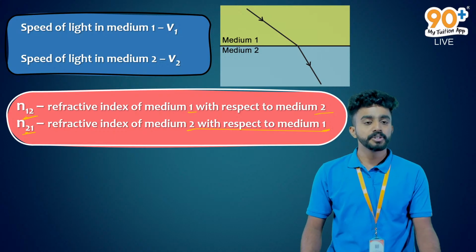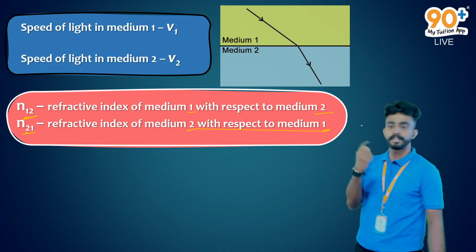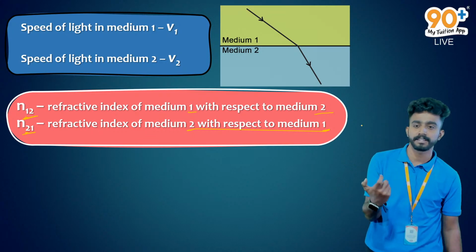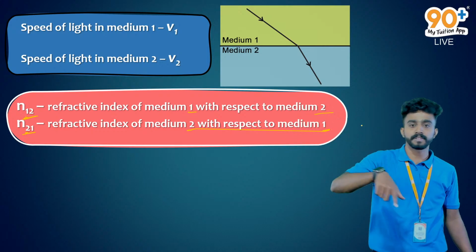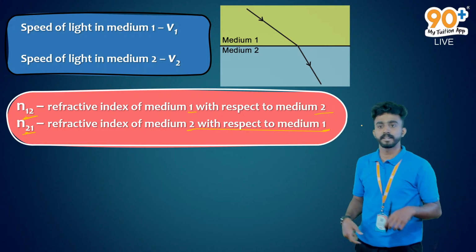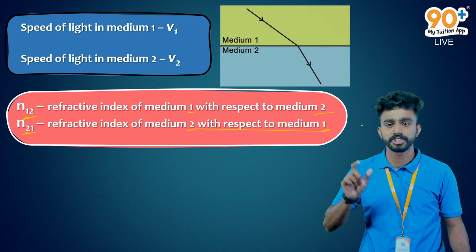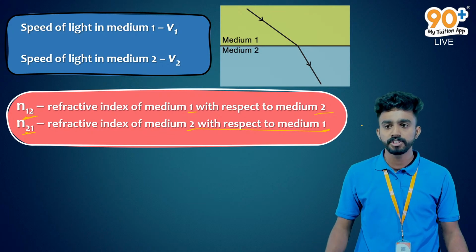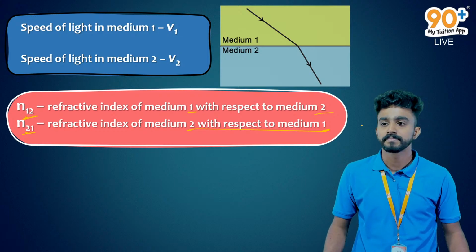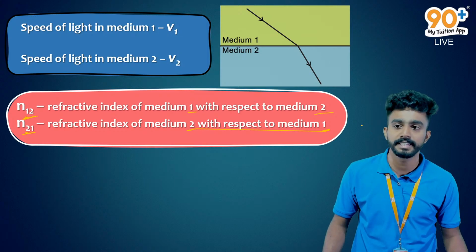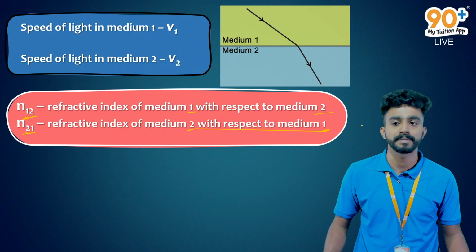You might have noted these denotations in mathematics as well, right? When you draw matrices, N12, N21. Have you guys done it in maths? Such denotations? Not yet. Yes, Jaswin is like, yes sir, we have done such things in mathematics as well.